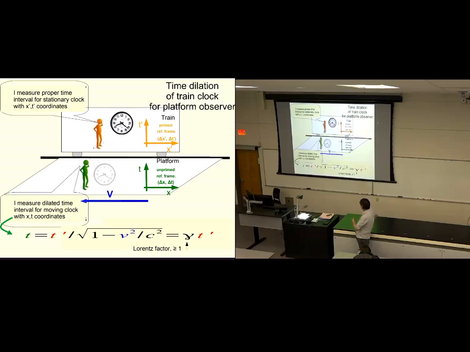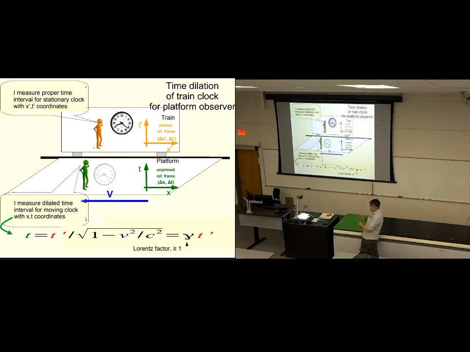This factor, just to stress again, that's in the denominator is going to be smaller than 1, because v squared over c squared is always bigger than 0. So inside the square root is always smaller than 1. So it's going to increase the time interval between successive ticks, as seen by this observer watching this moving clock.